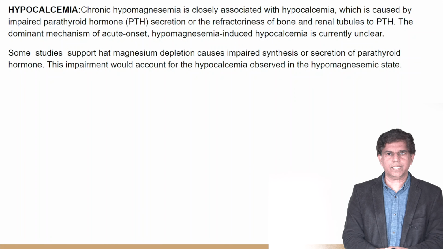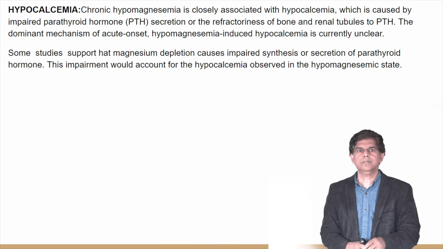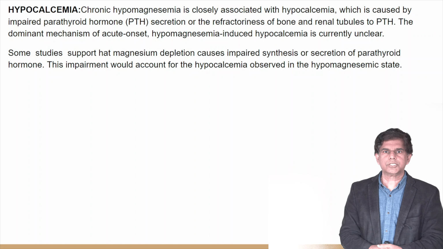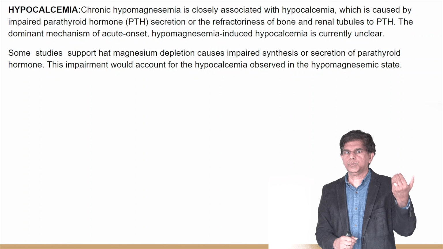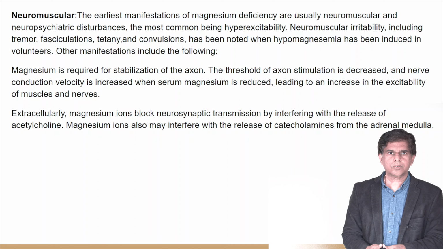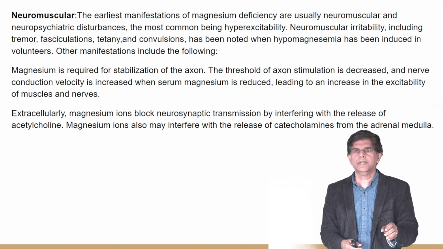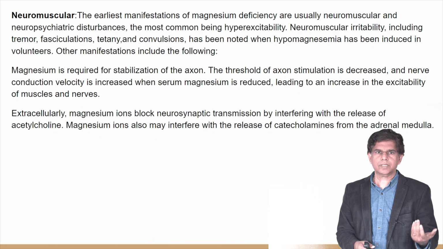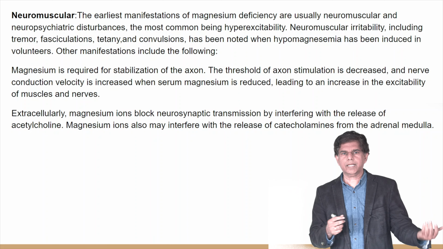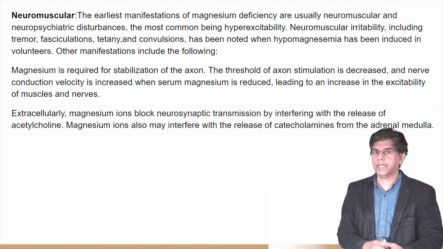Now let's look at hypocalcemia. Again, it is closely associated with hypomagnesemia, with impaired PTH secretion and refractoriness of the bones and tubules to PTH. Then neuromuscular manifestations are usually present, with weakness and neuromuscular irritability, including tremor, fasciculation, and tetany, because of the calcium relation. Also, magnesium is a required stabilizer of the axon.